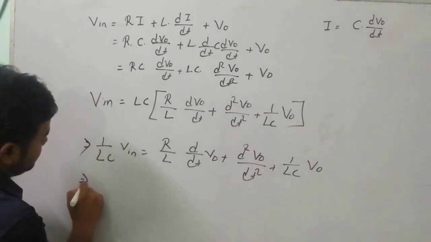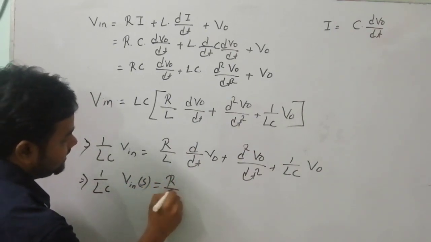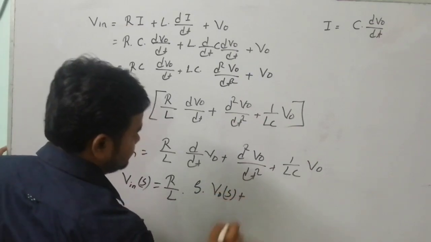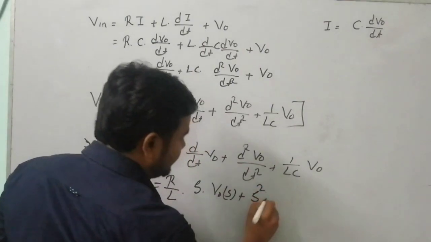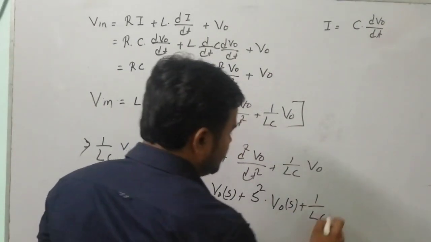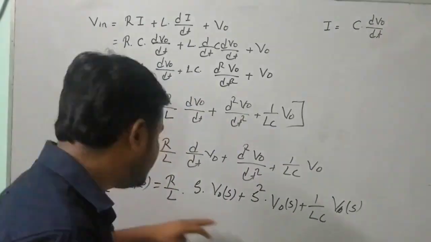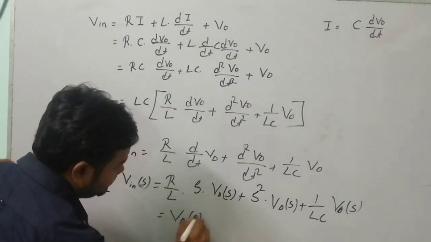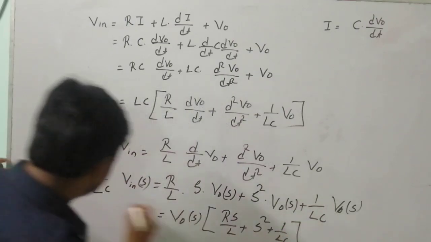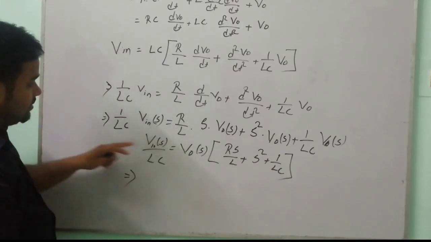Then we get 1 by LC into Vin of S is equal to R by L into the Laplace transformation of the derivative, which is S into V0 of S, plus the Laplace transformation of the second derivative, which is S square into V0 of S, plus 1 by LC into V0 of S. If we take V0 of S common on the right-hand side, we get V0 of S times RS by L plus S square plus 1 by LC, and it is equal to, on the left-hand side, Vin of S divided by LC.